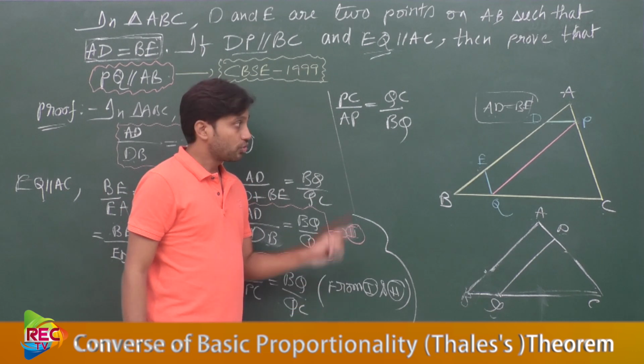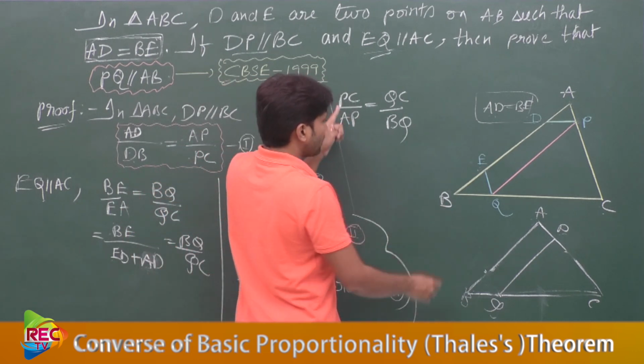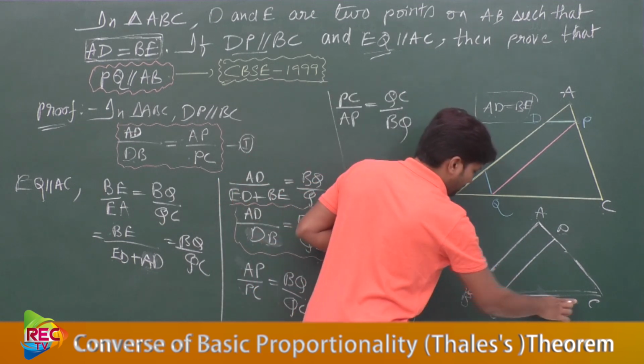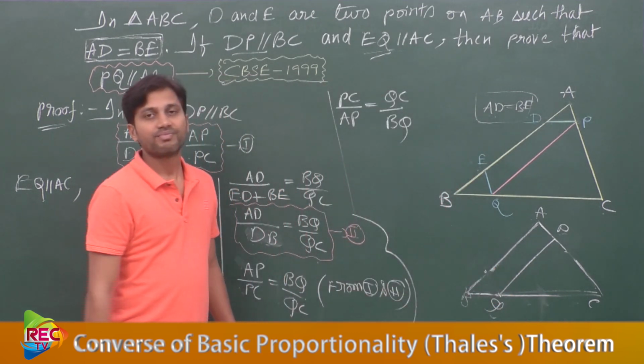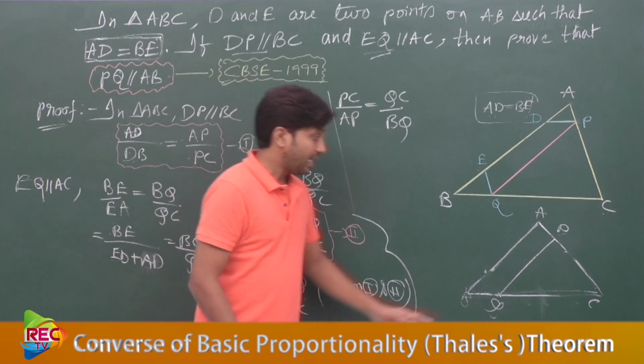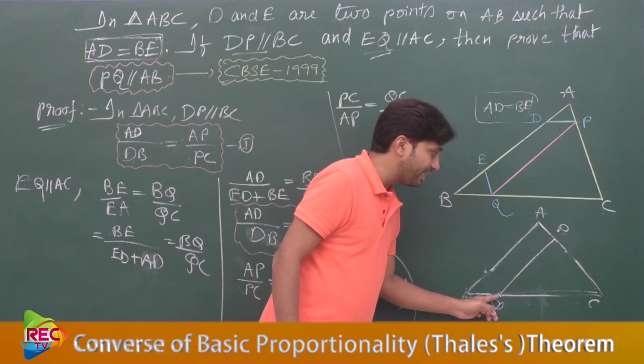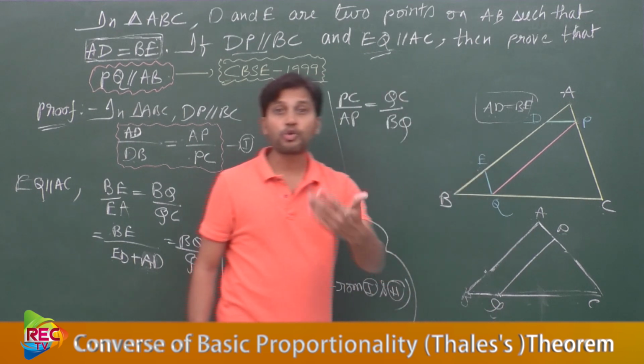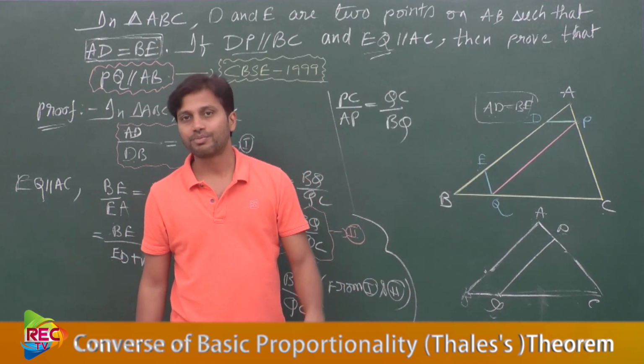Exactly. So now you observe it. PC by AP is equal to QC by BQ. What did you observe here? That means here the PQ line is dividing these two sides AC and BC proportionately, means in equal ratio.